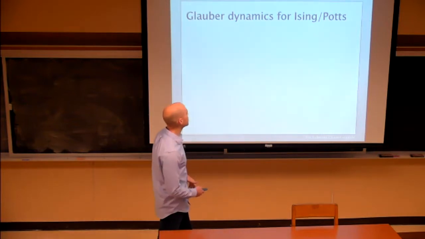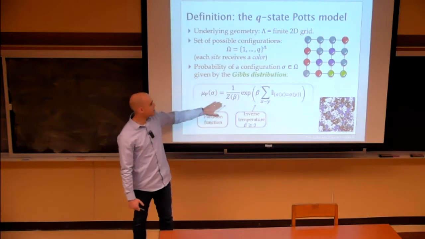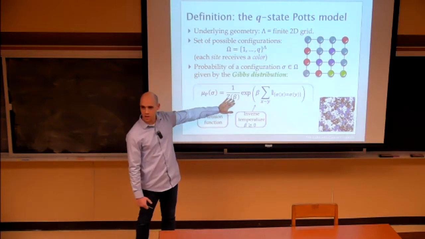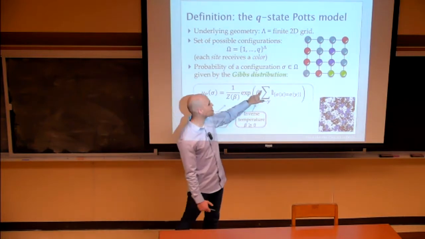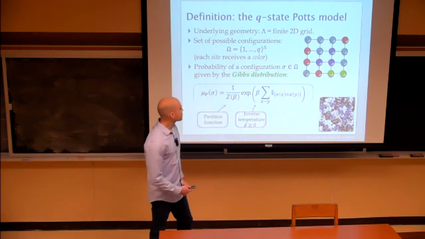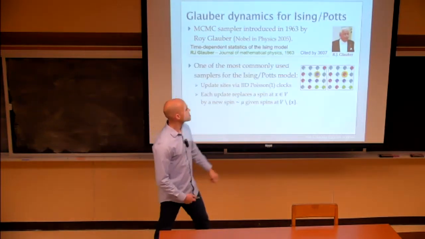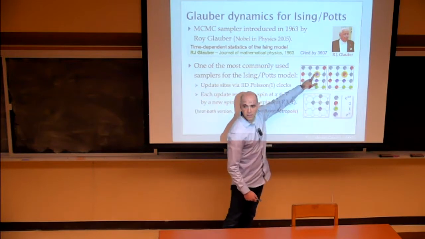Let's go back for a second to the previous slide. We have this distribution. It had something that we do not understand, the partition function, and something that is easy to understand, e to the beta times the number of agreeing bonds. Now, I want to understand how to recolor this guy.